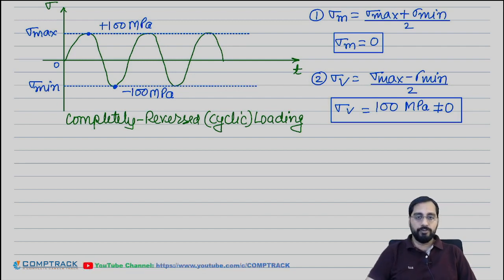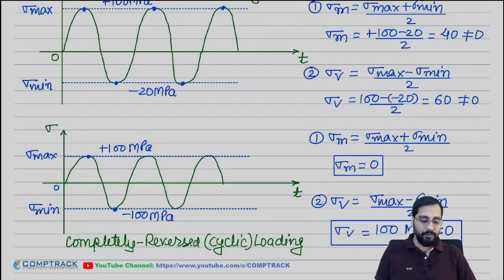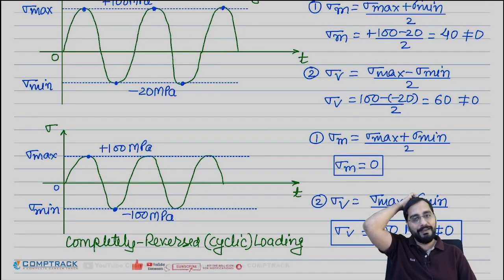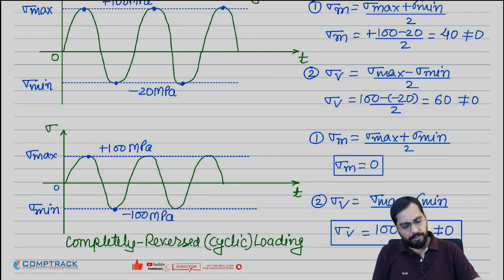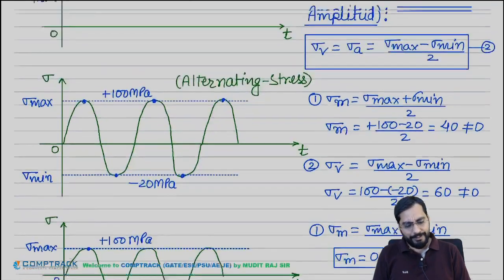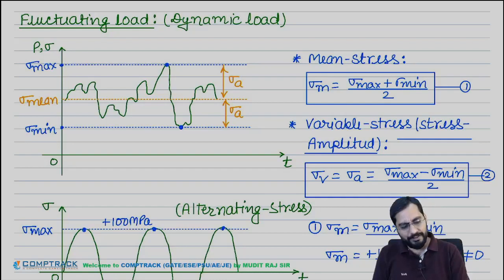Okay. So to simplify the problem, we consider the load either as alternating load or as completely reverse load. Or third, simple fluctuating, that can also be standardized.